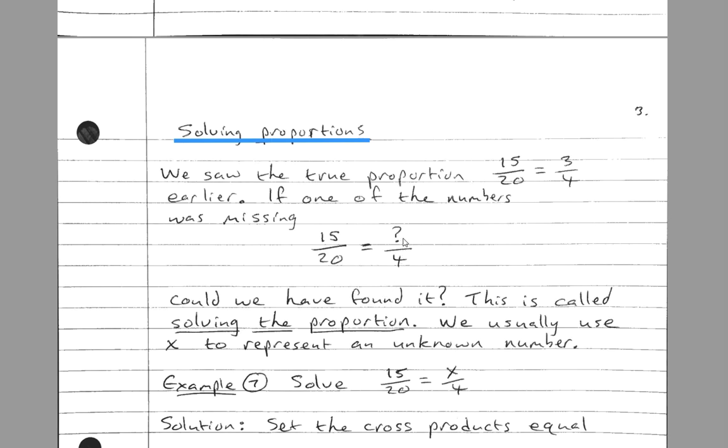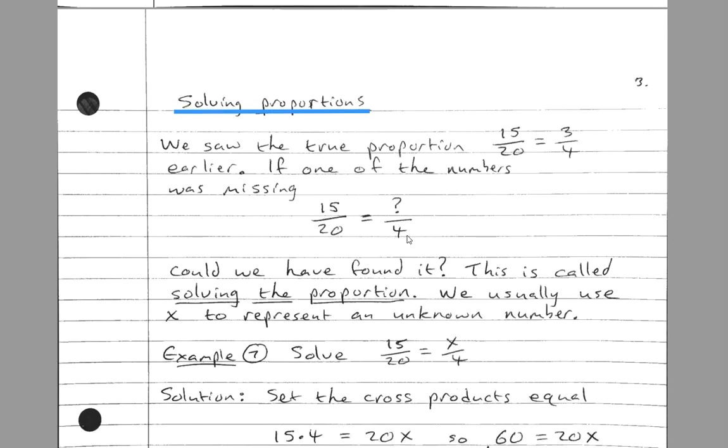Can we find the missing number? If I give you a proportion with one of the numbers missing and ask you to find the missing number, that's called solving the proportion. Instead of a question mark, we usually write an x, or any letter, to represent the unknown number.